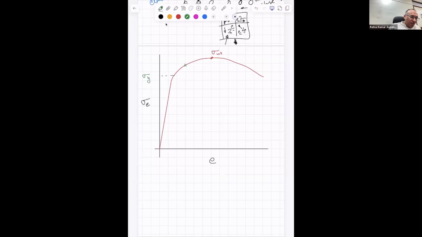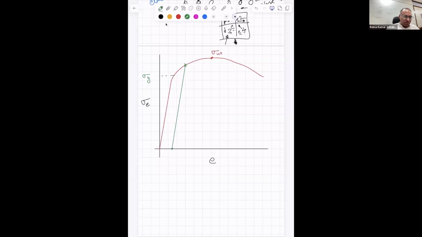I have loaded the specimen beyond yield strength of the material, and then I have unloaded this fellow. I have taken a specimen, loaded the specimen and unloaded and kept the specimen.